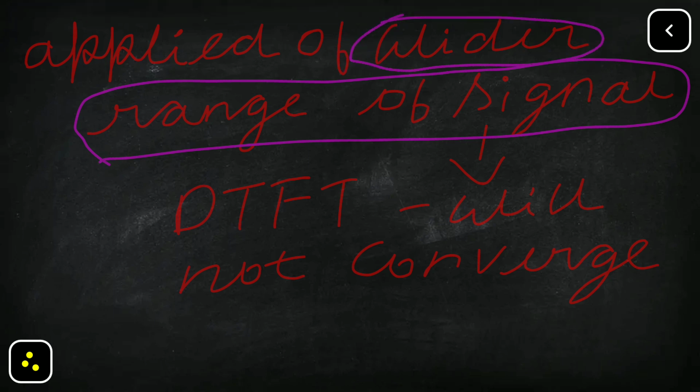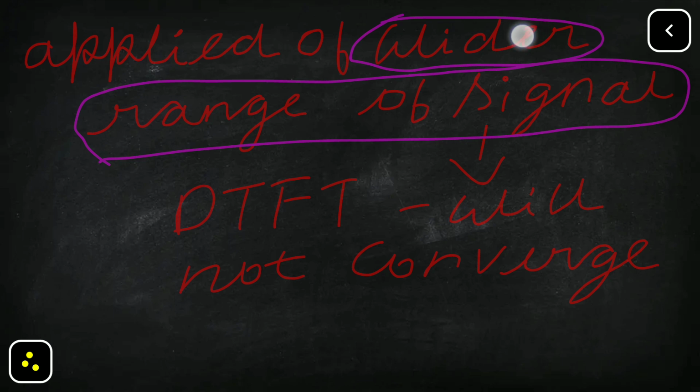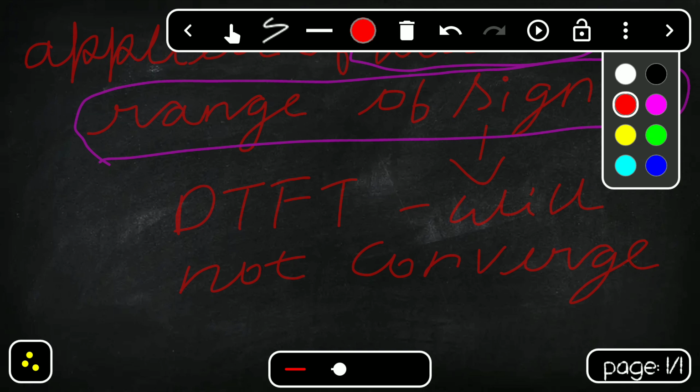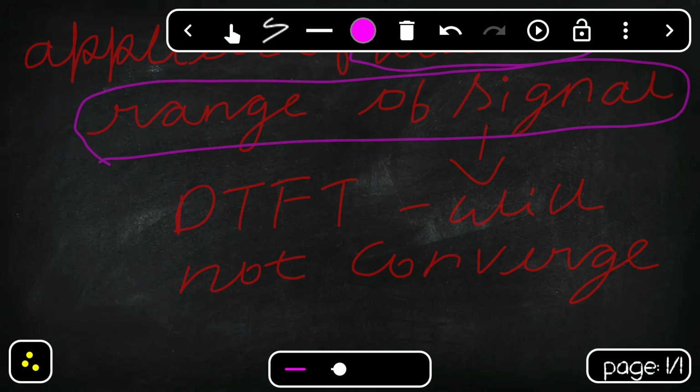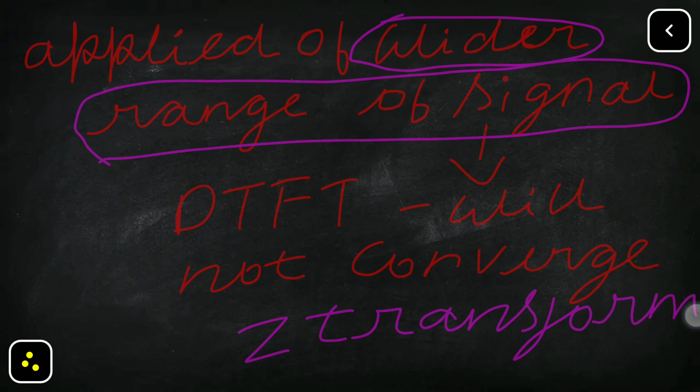Why a wider range of signals? Because there are many signals for which the DTFT will not converge. Converge means meeting up at a point, right? So for those it doesn't converge, whereas your Z transform will converge. Therefore you can see that Z transform is an advanced concept of discrete time Fourier transform, right?